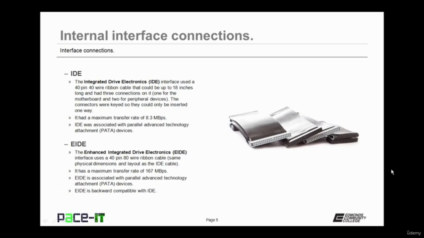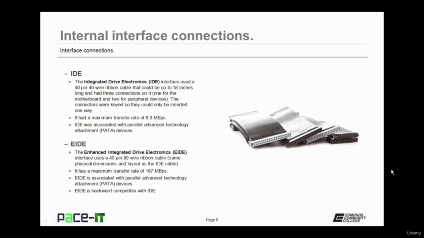So now let's move on to SATA, Serial Advanced Technology Attachment. Now this is the interface that is replacing the IDE, EIDE interface in today's motherboards. It uses a 7-wire, 7-pin cable that has an L shape. Now that L shape means that it's a keyed connector and it can only be installed one way.